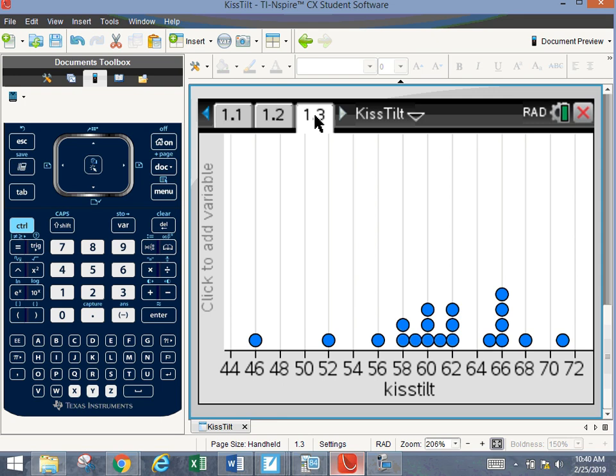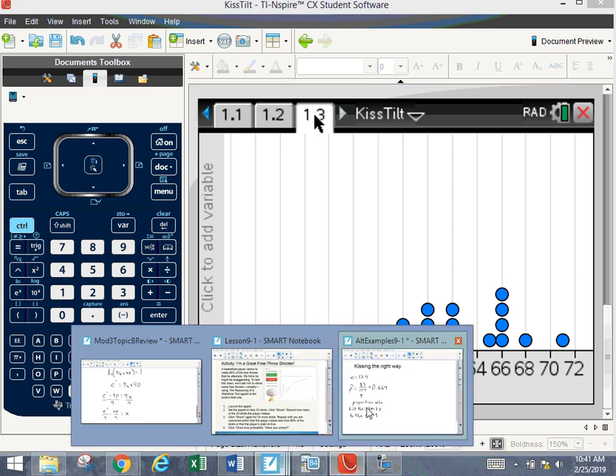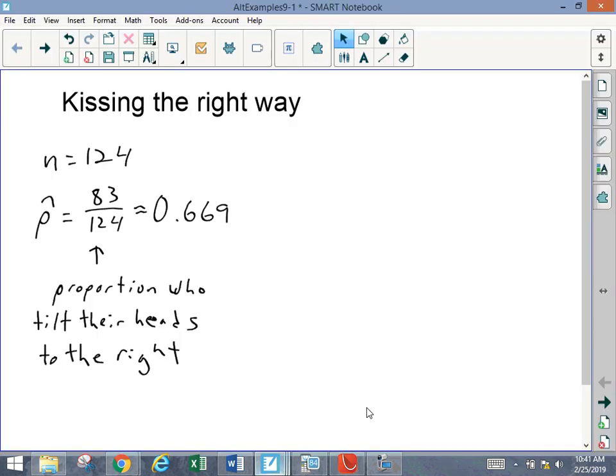The majority of the time, out of 124 kiss tilts, the data is focused around 58 to 60. And in fact, 0 times did as many as 83 of them come up as a tilt to the right.